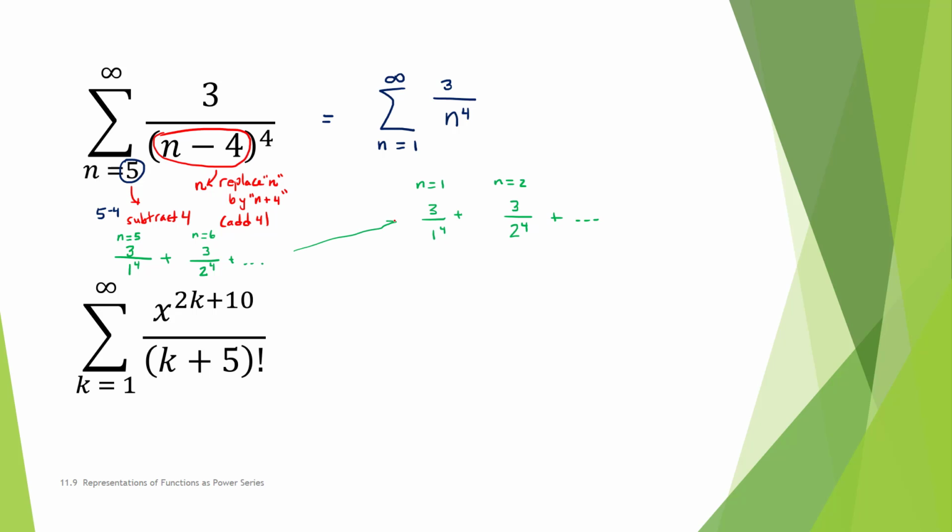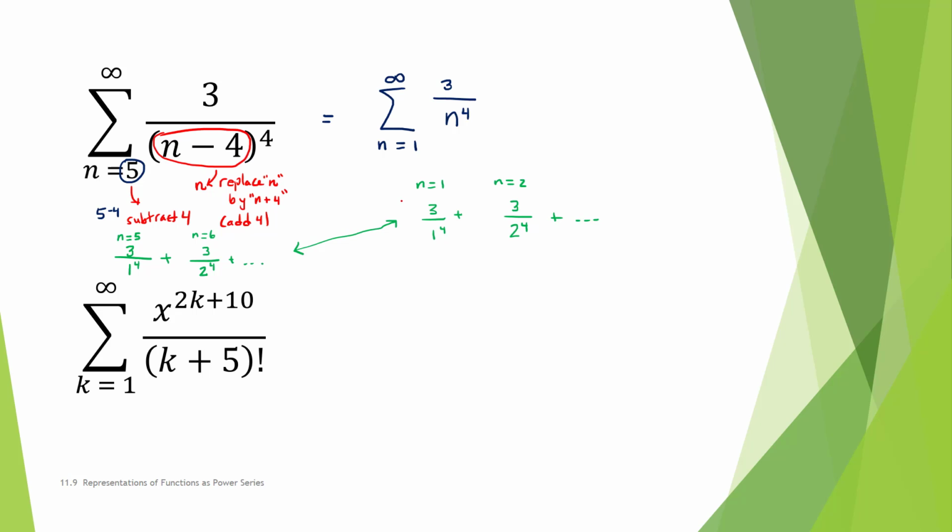And then we notice that when we write the series out the long way without using sigma notation, they are equal. Let's look at this second example I have written down. I have the sum from k equals 1 to infinity of the term x to the power 2k plus 10 divided by k plus 5 factorial.